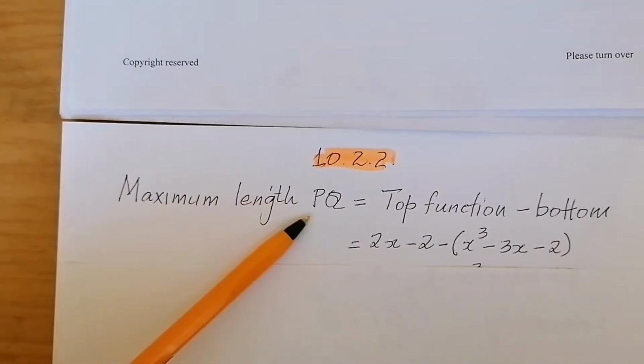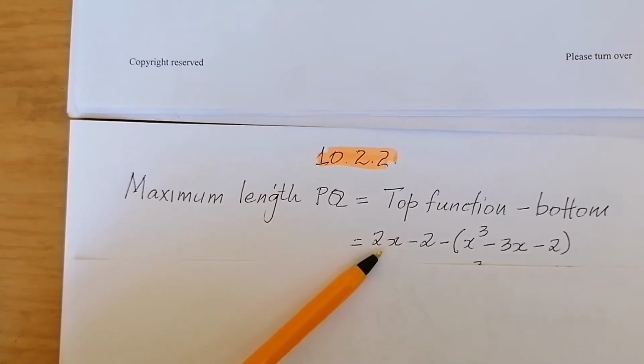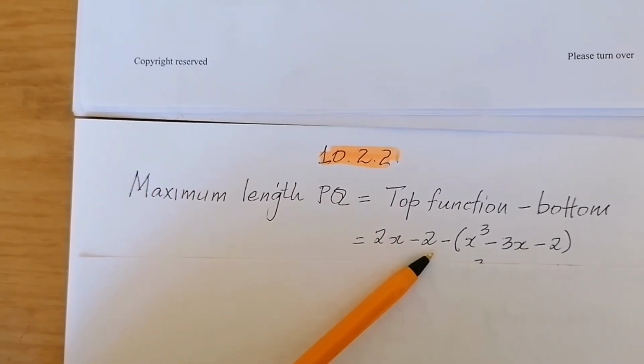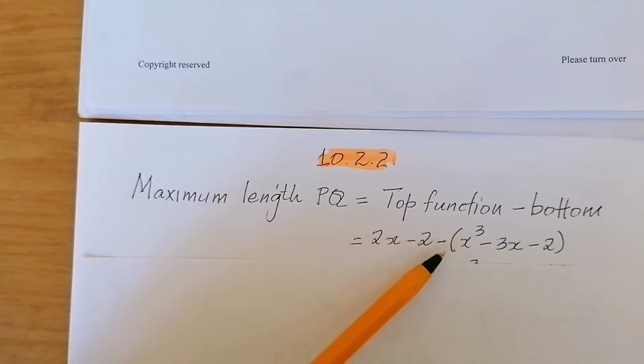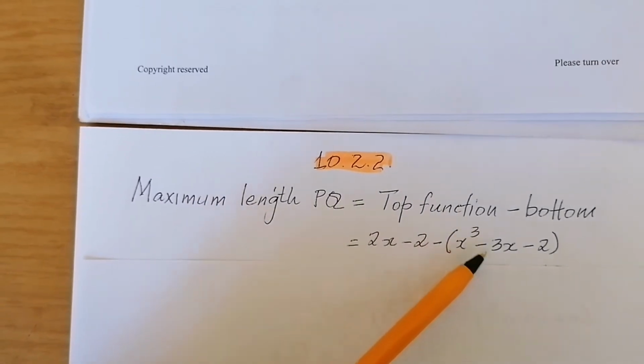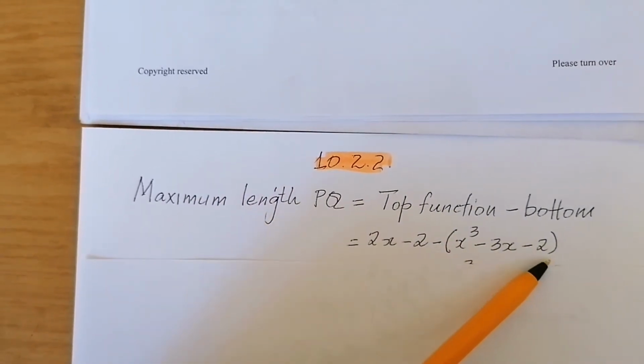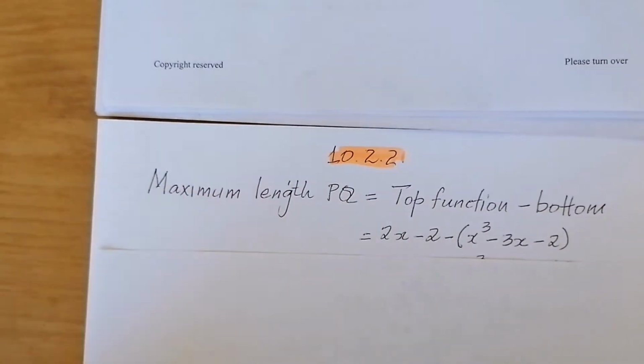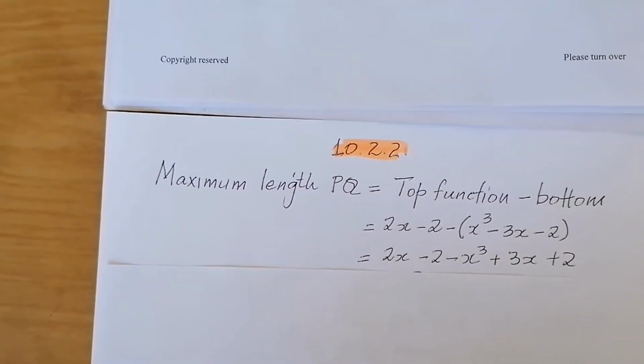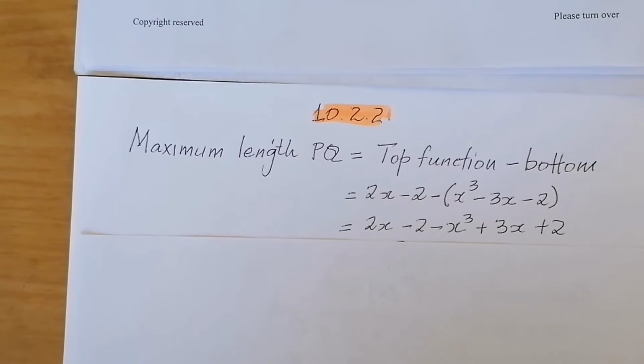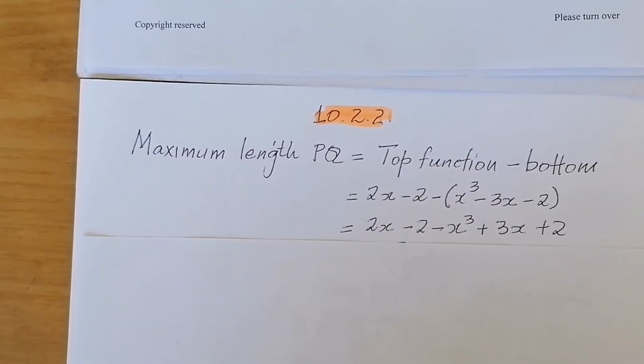The maximum length of PQ is therefore 2x minus 2, which is G, minus (x cubed minus 3x minus 2), which is F. We simplify that, we get 2x minus 2 minus x cubed plus 3x plus 2.